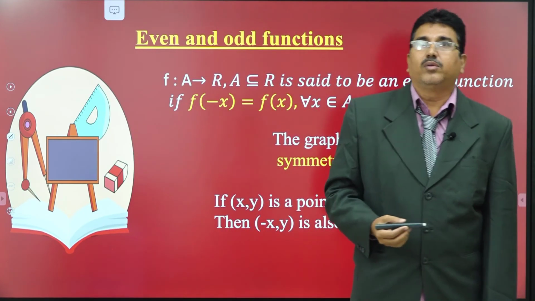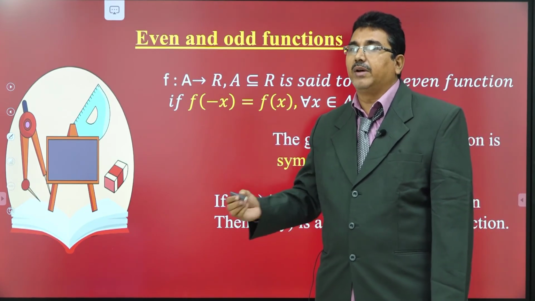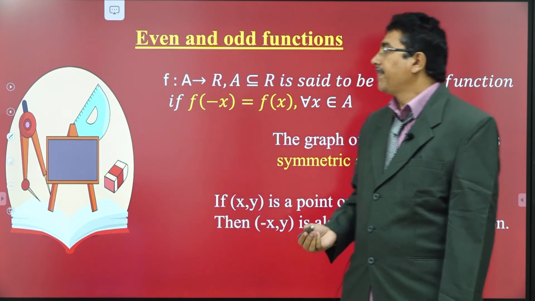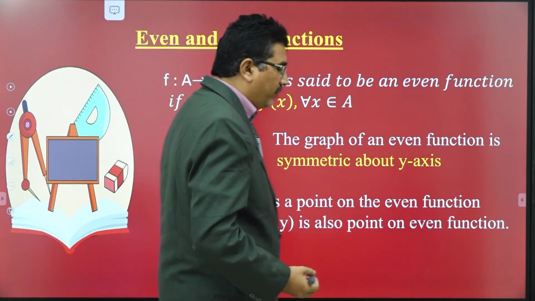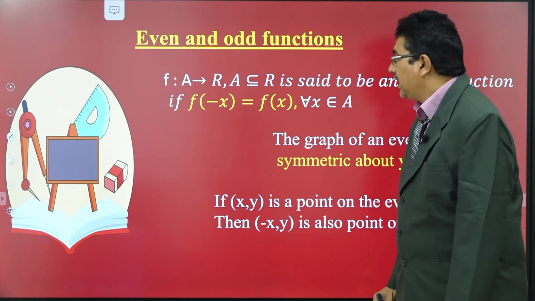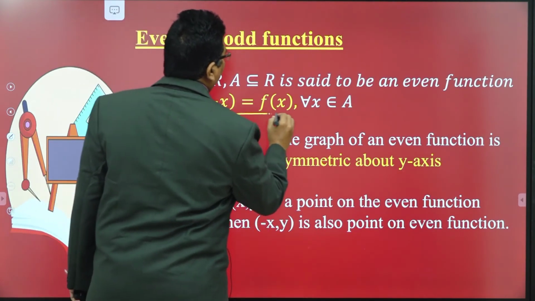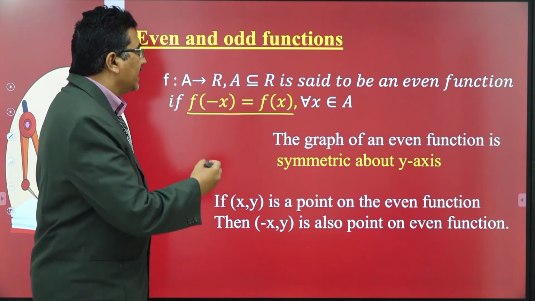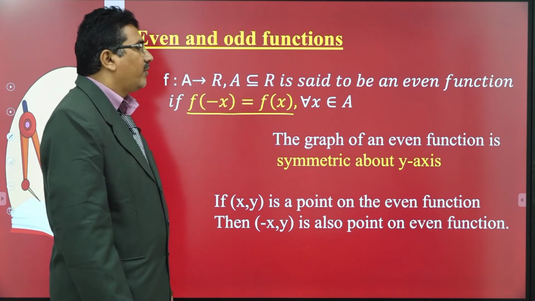Generally all of you are familiar with even numbers and odd numbers, but here we have even functions and odd functions. A function f mapping from capital A to R is said to be an even function, listen carefully, if f of minus x is equal to f of x for all x belonging to A. So this is the definition of an even function.